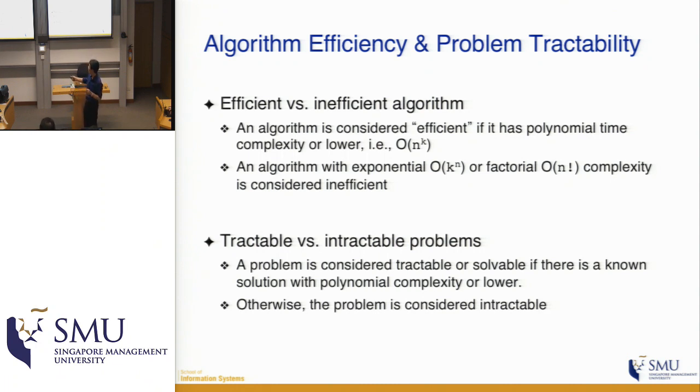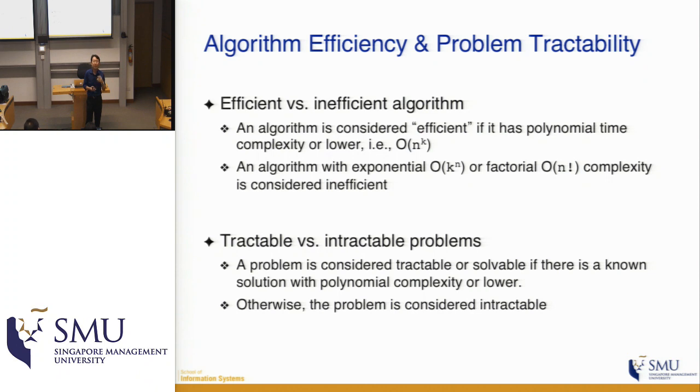Which means that in the class of problems, we can split our problems into 2 classes. We say that a problem is solvable if there is a known algorithm that has polynomial time. Now, if for a particular problem there is no known algorithm that is polynomial time, then we consider the problem to be intractable.